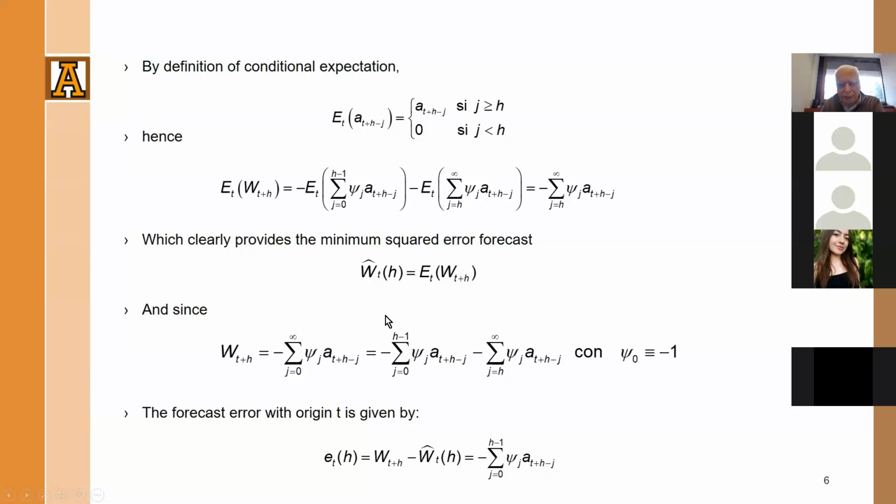It's just this term here. That's the forecast error at origin t for one period ahead, two periods ahead, and so on, whatever value of h we have. Okay. Because this optimal forecast is essentially the conditional expectation at t of W_{t+h}, given that we are at time t, that we know all the data up to time t.